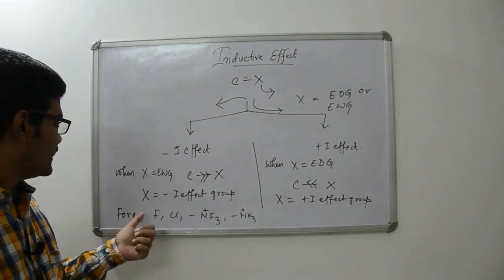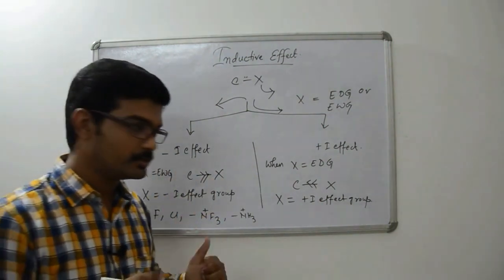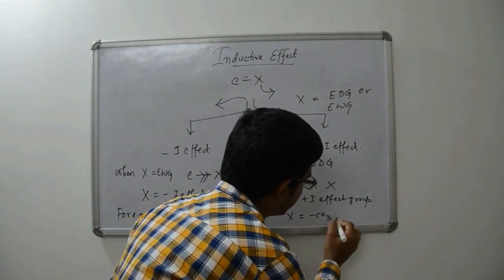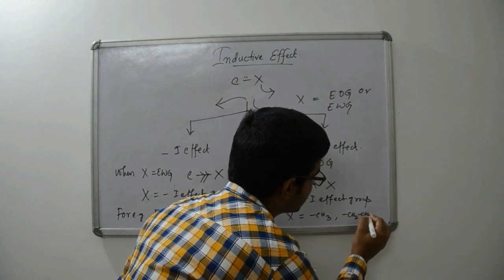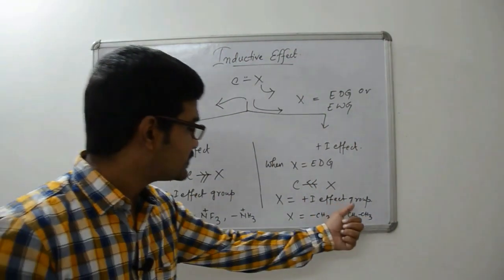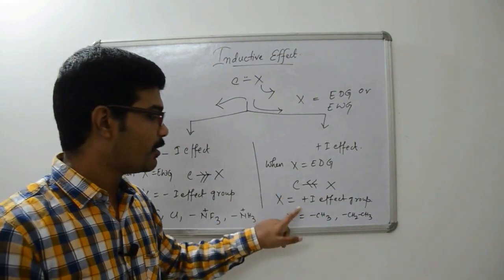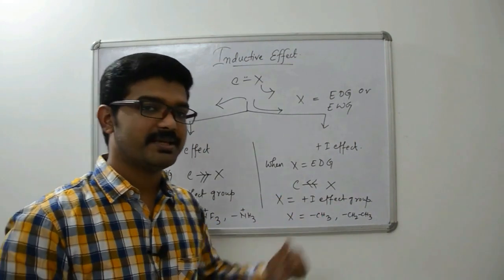Then we will call X a minus I effect group. On the other hand, when X is an alkyl group, then it pushes electron towards this carbon chain. Then we will call X the plus I effect group.